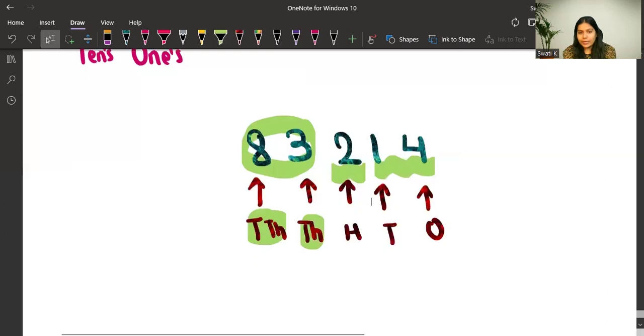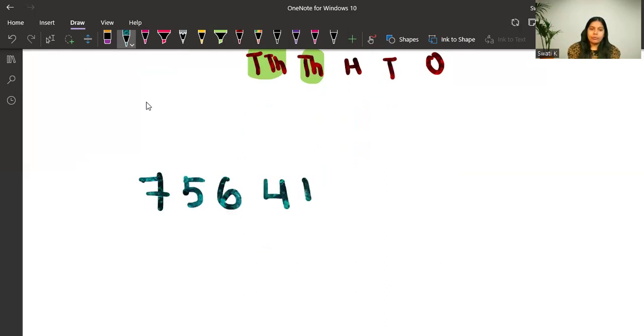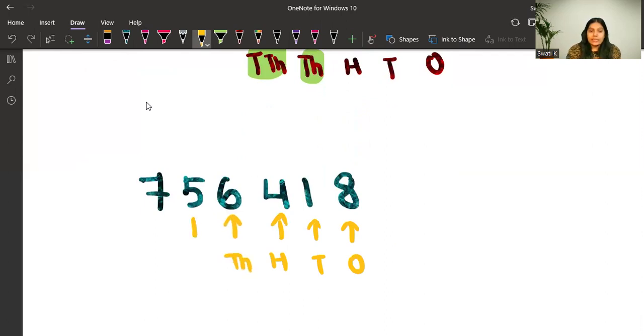I'll just increase one digit. So now I have, let's say, 756,418. The place value of 8 is ones. The place value of 1 is tens. The place value of 4 is hundreds. The place value of 6 is thousands. The place value of 5 is 10,000.